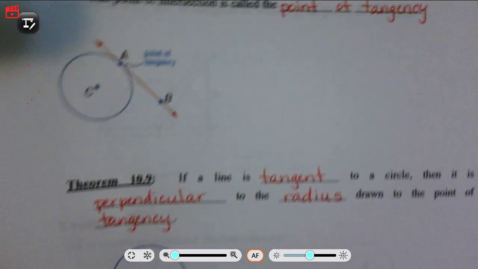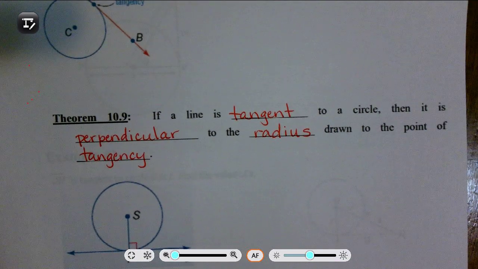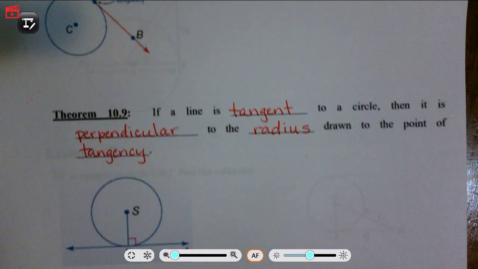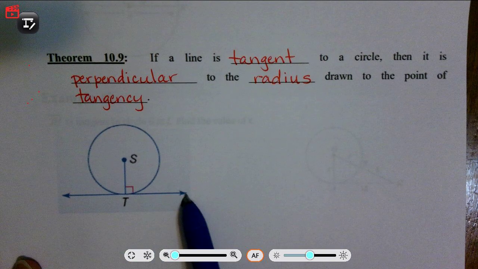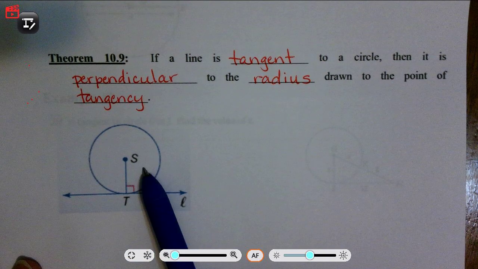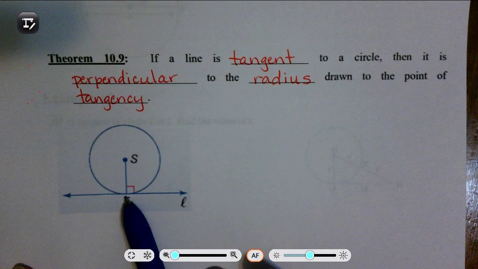Okay, with that being said, we have a theorem, and that is, if a line is tangent to a circle, then it is perpendicular to the radius drawn to that point of tangency. So what that means is if I have this circle and we say line L is tangent to circle S, T is our point of tangency.